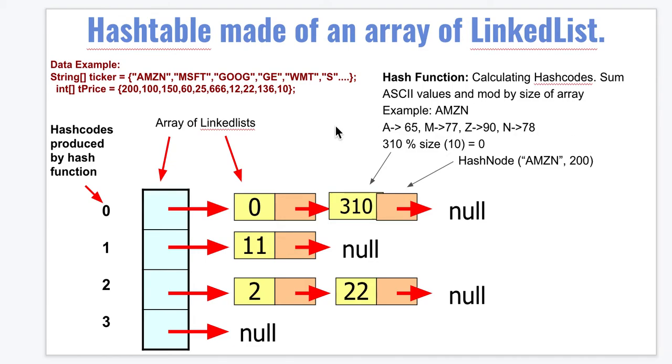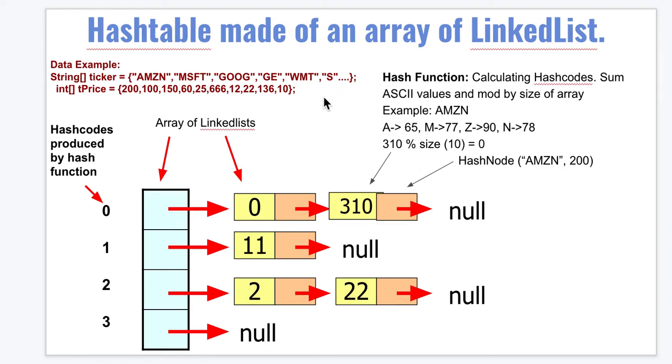And your hash table class, the main feature of that is it has an array of linked lists, right? So here's your array and it holds linked lists, and each of the spots in the linked list holds the hash node that has your key value information in it, right?